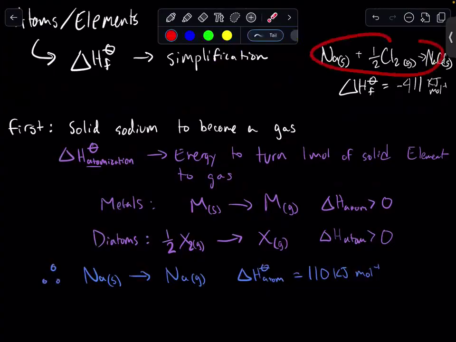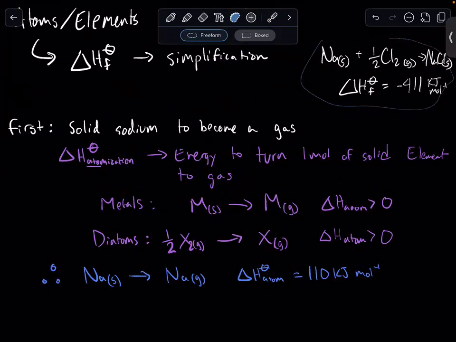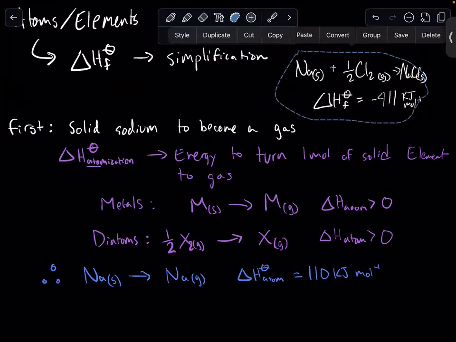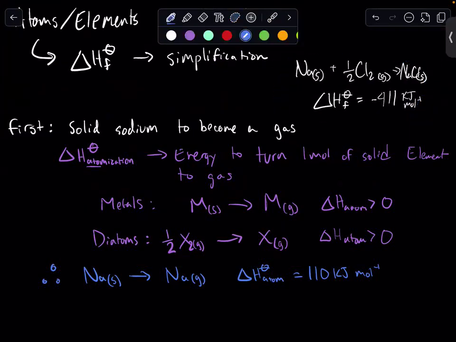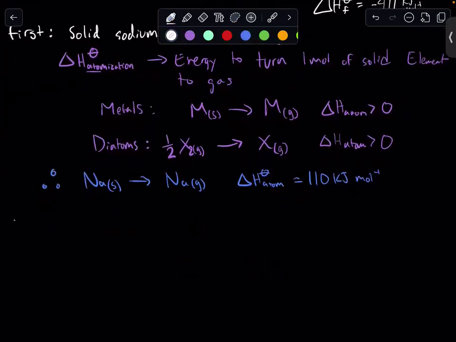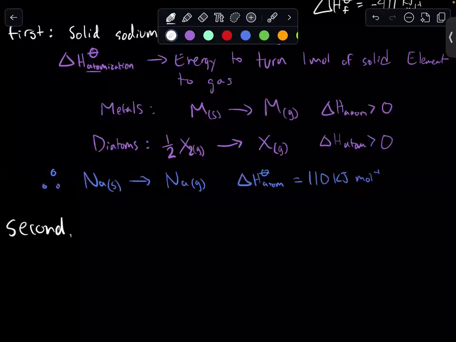Once again, we're just really working on this equation, converting our sodium to a sodium chloride compound. So, second, our gaseous sodium must become ionized. Gaseous sodium must become a cation by losing an electron.